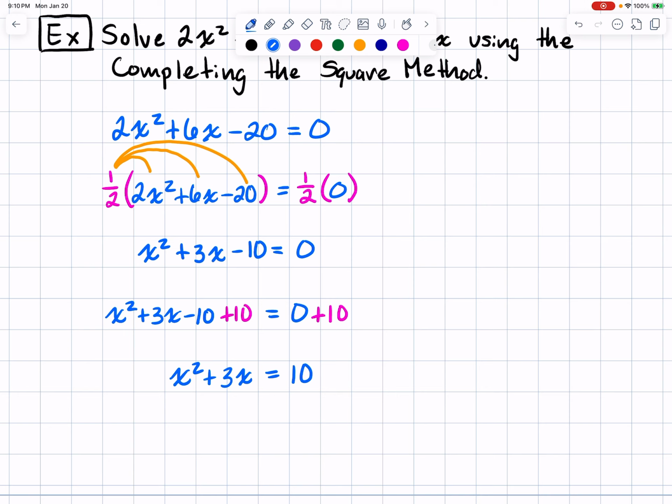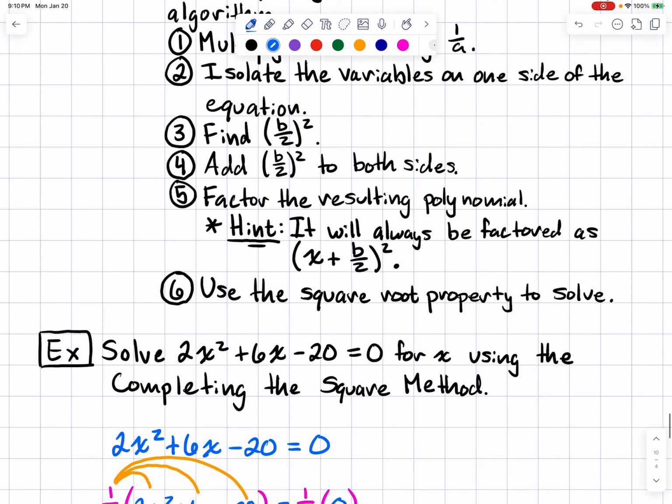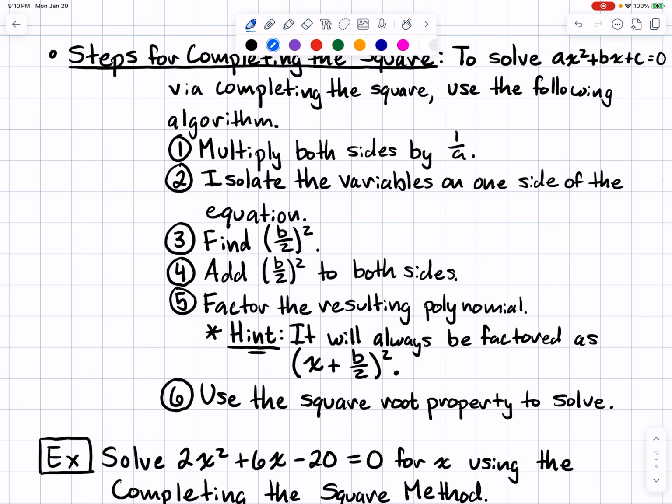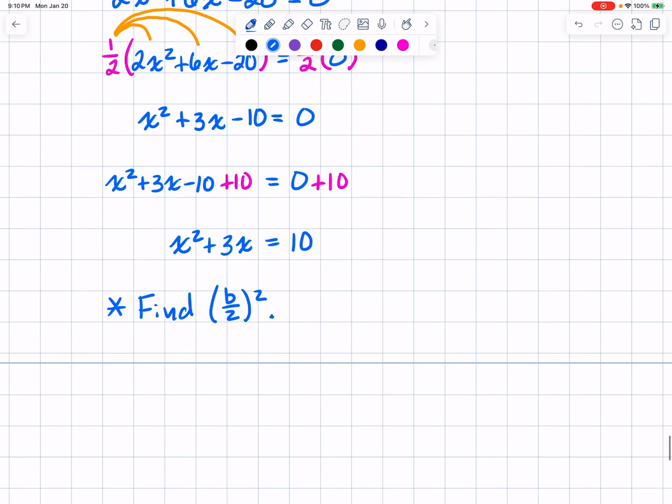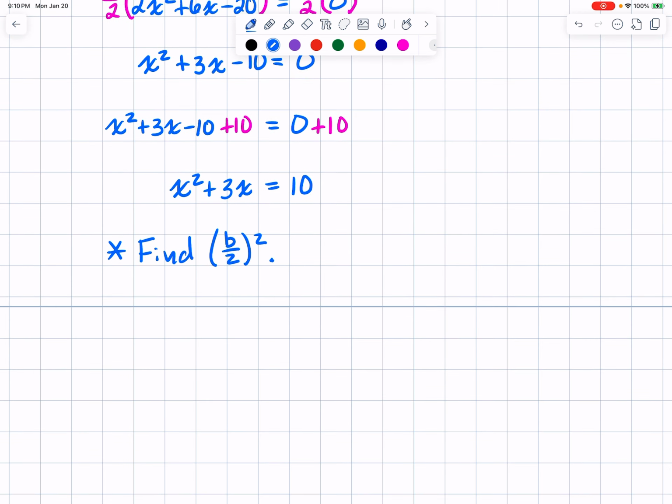Okay, now let's move on to the next step. If we look up here, the next step is to find b over 2 squared. So let's make a little note to ourselves. So that's what we're doing. Find b over 2 squared. Okay. So to find b over 2 squared, we need to figure out what b is.